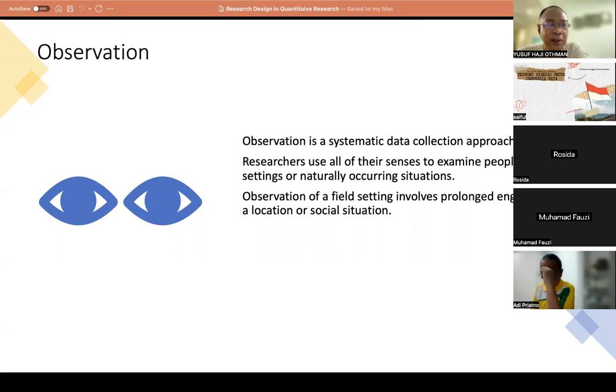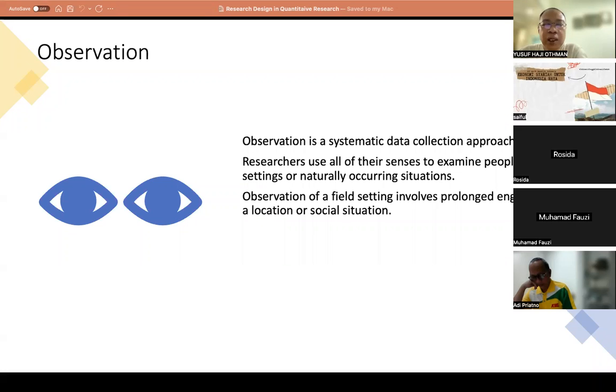So it's mainly used in the field of sociology, what else? Anthropology, and other disciplines. In Islamic finance, it is rarely used, jarang-jarang guna observation.